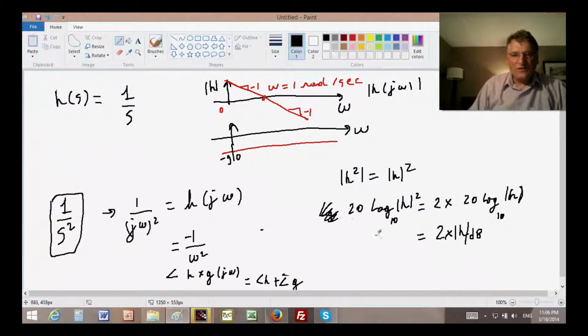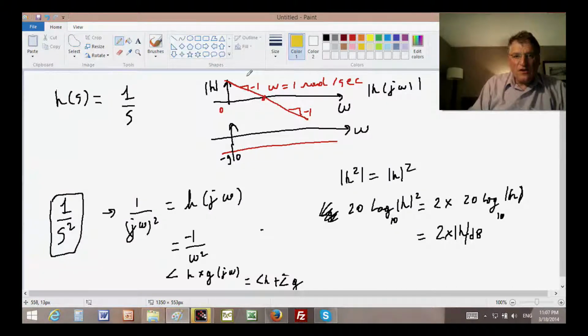And so what happens is that, for example, for a function like 1 over s squared, we can very quickly plot the phase and the magnitude of h, because we know that it's just going to be twice what it is for the magnitude, and also twice what it is for the phase. And so what we will get is the following. If I change color, let me use some more convincing color like this.